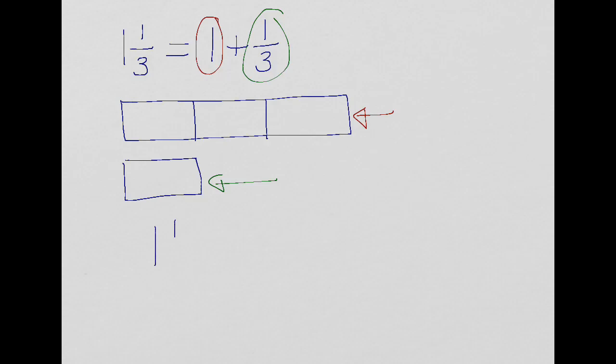So 1 1/3 equals 4 thirds. This here is my mixed number, and this here is my improper fraction.